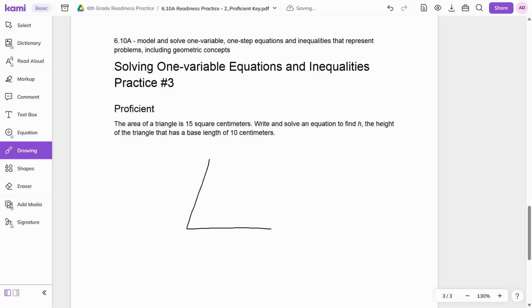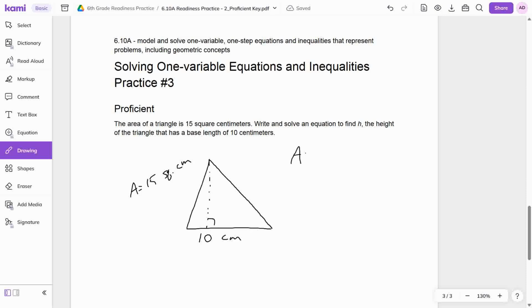So let's draw a triangle here. A equals 15 square centimeters. And then we need to find an equation to find h, the height. It's got a base of 10. And I'm looking for my height. Now, what do I know about area of a triangle?